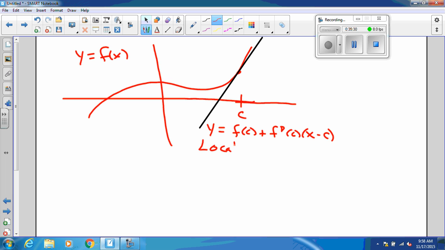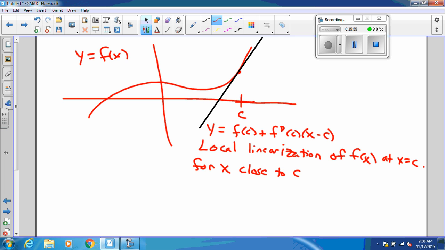And we can call this the local linearization. What we are guaranteed is that for x close to c, in other words, in the neighborhood of c, f of x will be approximately equal to the tangent line.